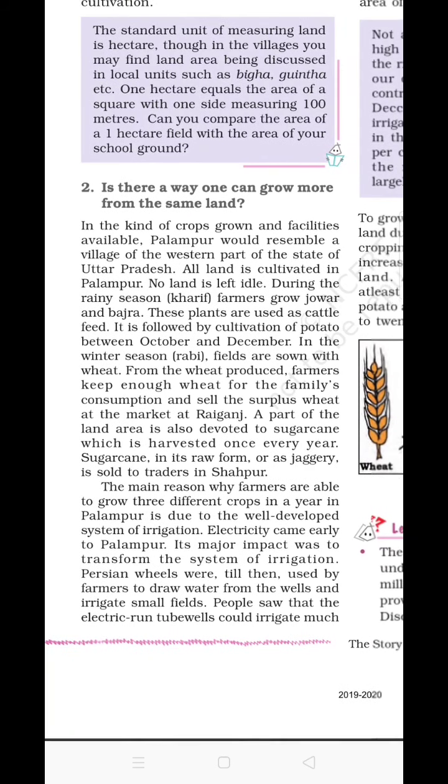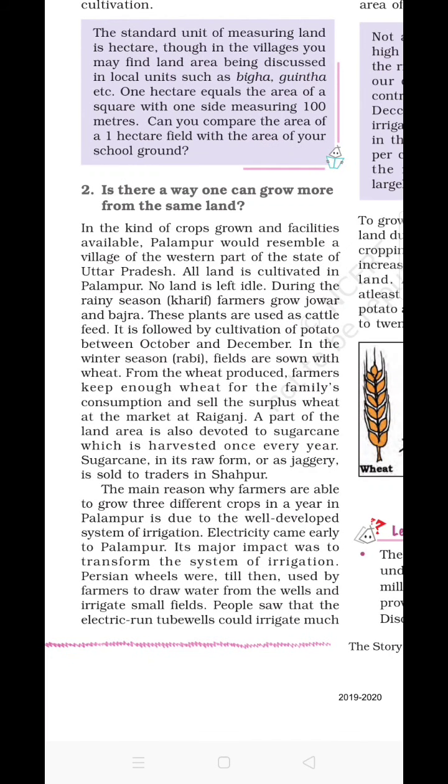Is there a way one can grow more from the same land? Definitely one can grow more from the same land, but it differs from region to region or season to season. Like during the rainy season, farmers mainly grow kharif crops, that is jowar and bajra.